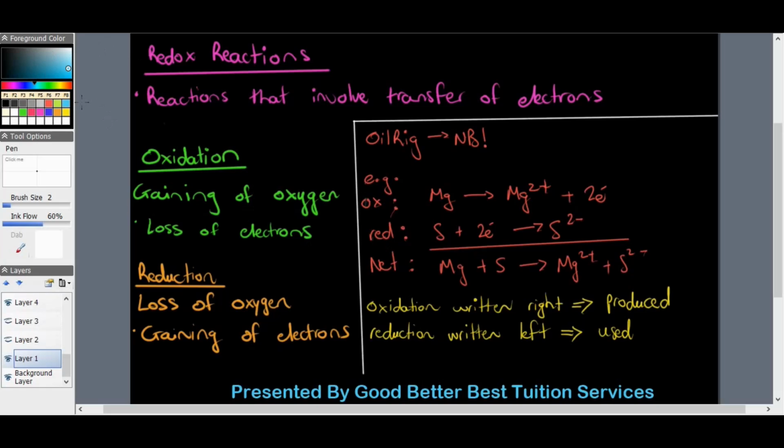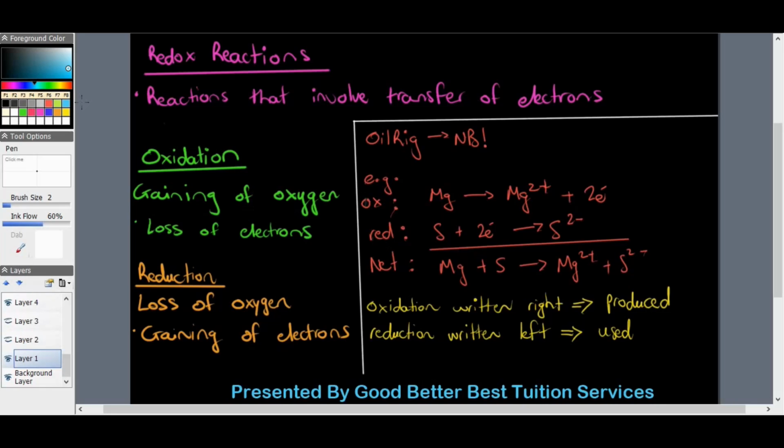Oxidation: the original definition of oxidation is the gaining of oxygen, as I explained last week. But oxidation reactions are basically the loss of electrons. Electrons are lost in the process, in other words, electrons are produced.